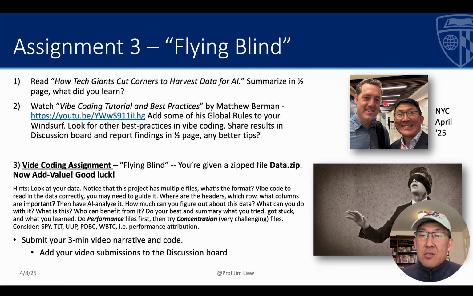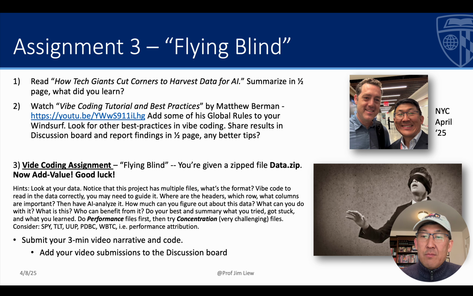Okay, so your assignment number 3 is called Flying Blind. First of all, I want you to read this really nice article entitled How Tech Giants Cut Corners to Harvest Data for AI, and we'll discuss that a little bit later.